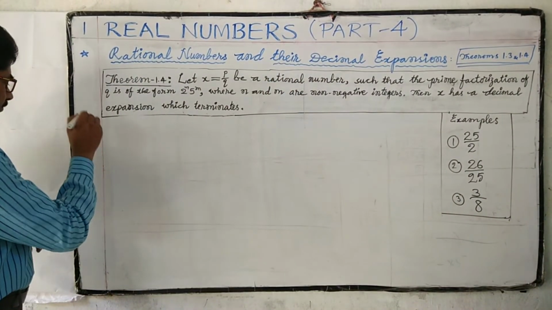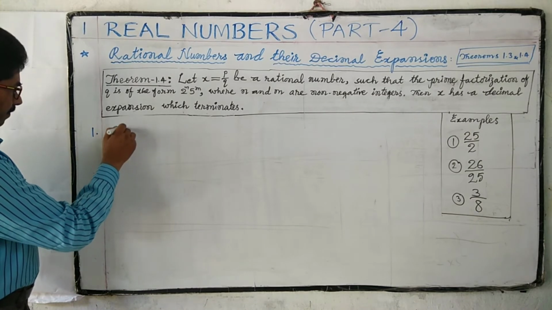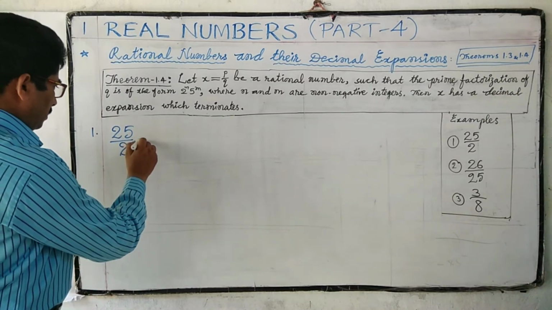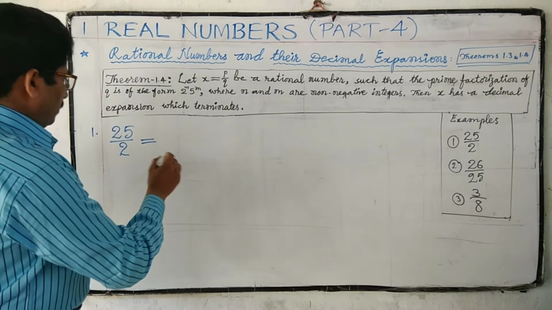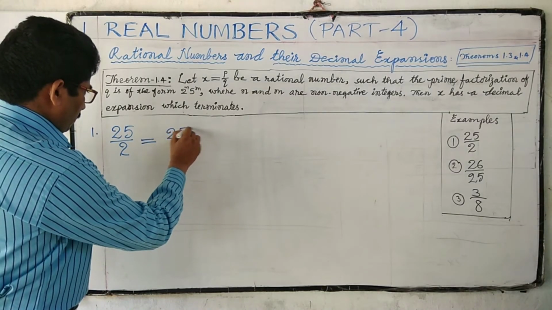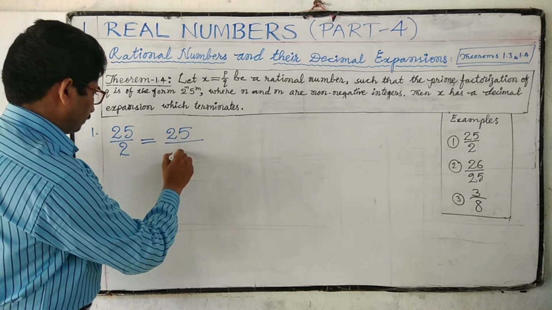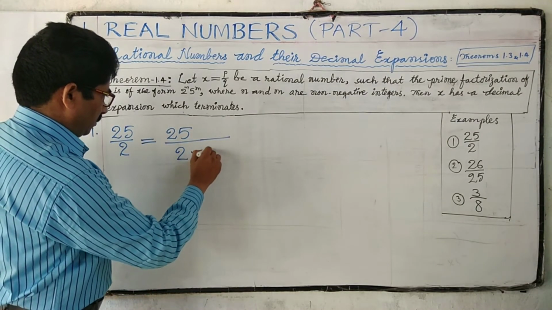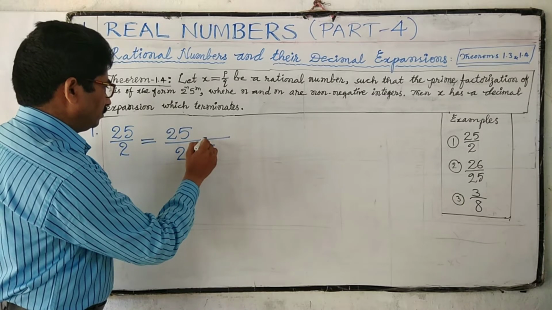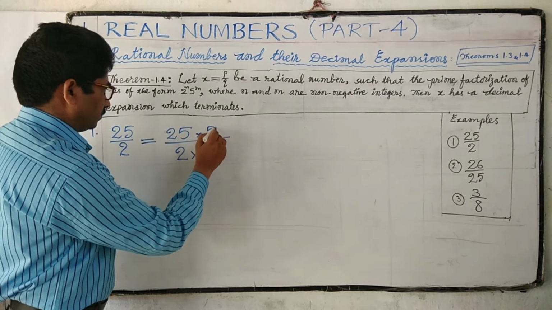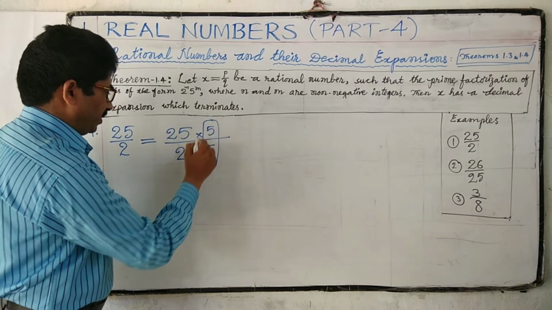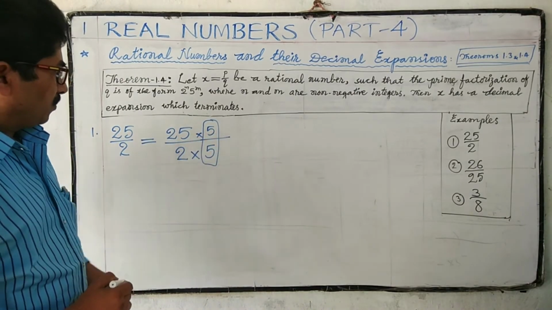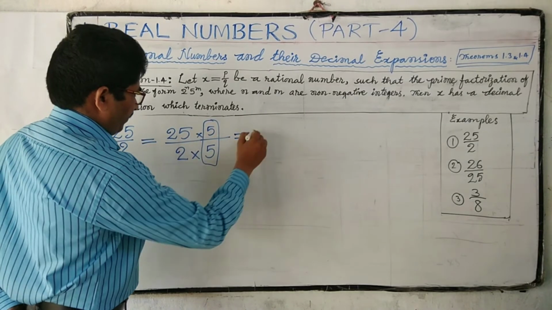First one, 25 by 2. We have to multiply the numerator and denominator by the same number, 5. So the numerator also is multiplied by 5: 25 times 5 is 125.